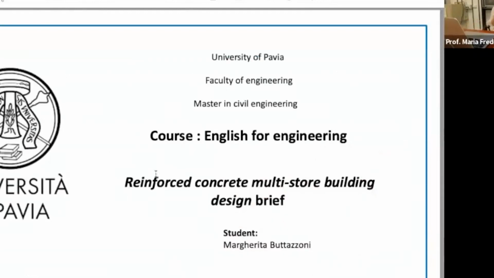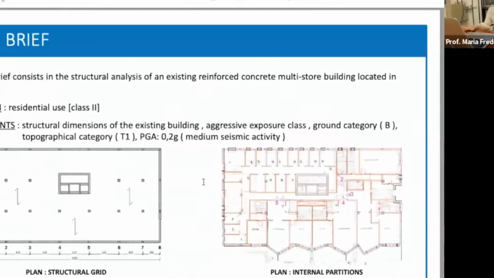The design brief of the reinforced concrete multi-store building. The design brief consists in the structural analysis of an existing reinforced concrete multi-store building located in Campobasso. The building is for a residential use, and the building constraints are a structural dimension of the existing building, as shown below.